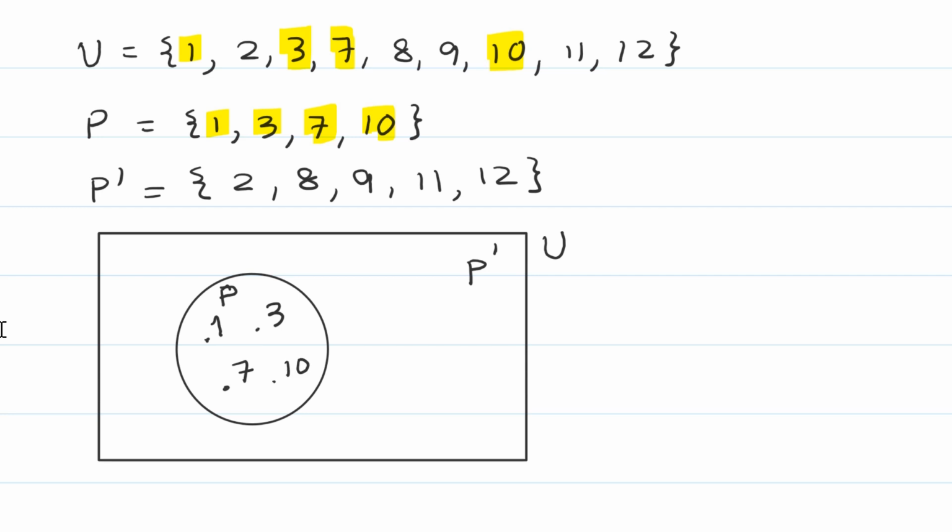So there are 4 elements in set P. Remaining elements 2, 8, 9, 11 and 12. So this is Venn diagram representation of U, P and complement of P.